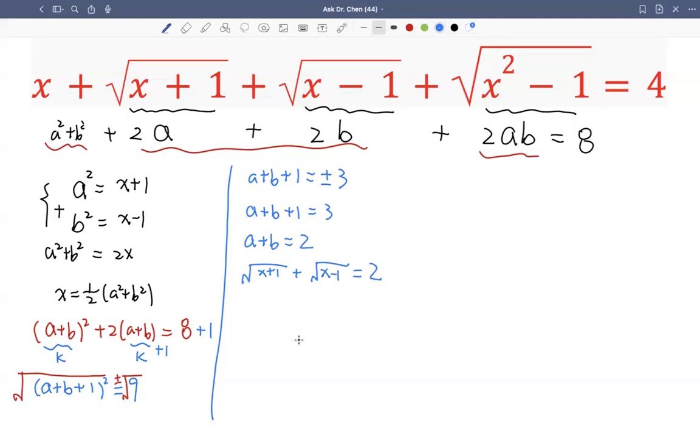So from here, we could square both sides, or we could think another way. Because those two are conjugates, we could multiply by 1.